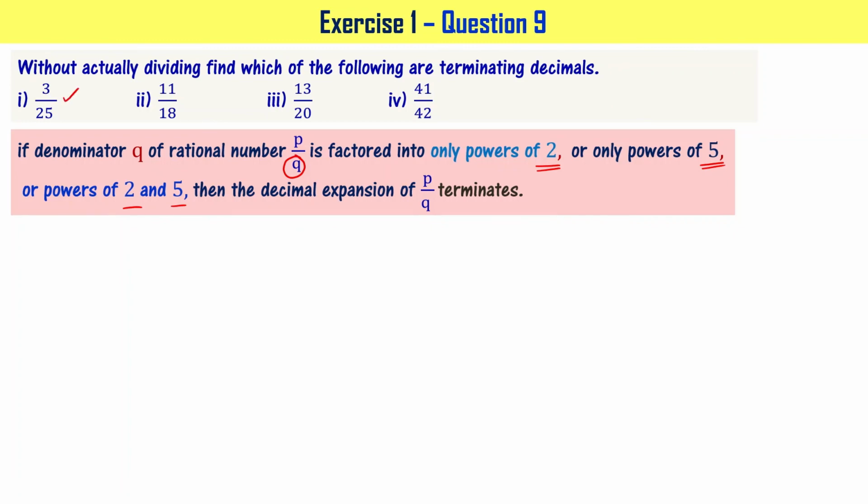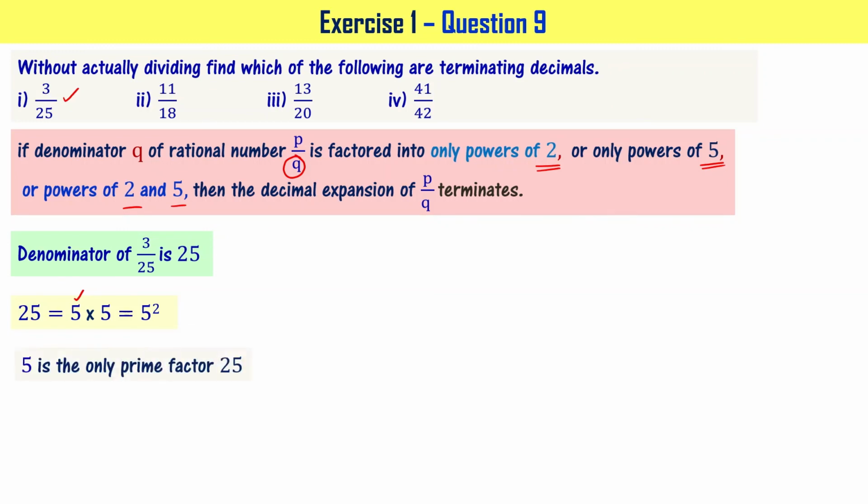First problem is 3 by 25, right? The denominator of 3 by 25 is 25, right? When you do prime factors for 25, you can write it as 5 times 5 or 5 square, right? 5 is the prime factor of 25. Since only 5 is the prime factor for 25, it is satisfying this, right?